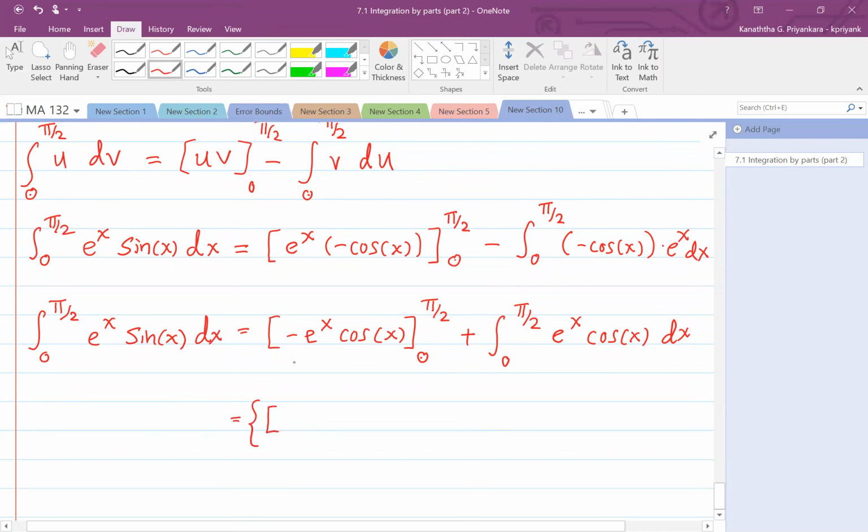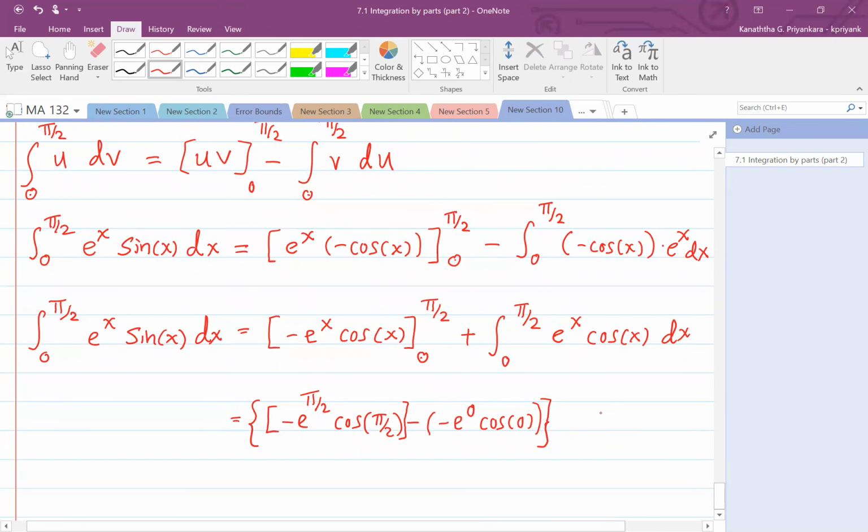If we substitute pi over 2, that becomes negative e to the power pi over 2 times cosine pi over 2, minus, then we substitute x equals 0, so we have negative e to the power 0 cosine 0.